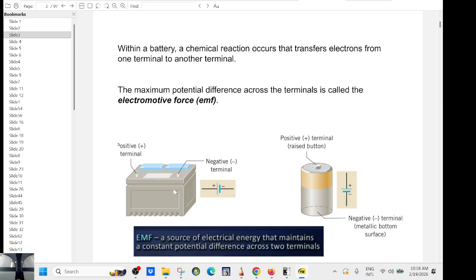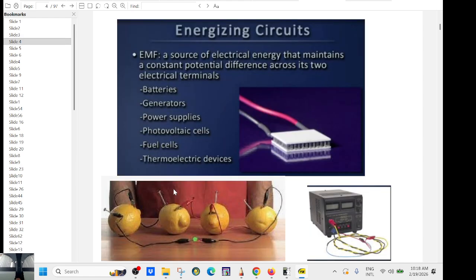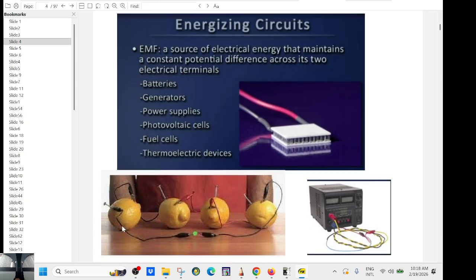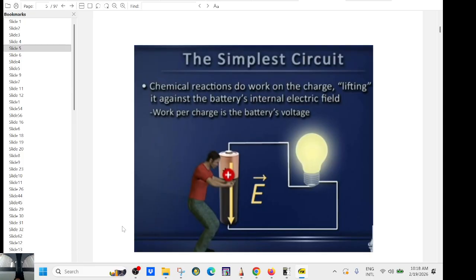So instead of having 12 volts, when you have a load, you're going to have less, say 10. But anyway, we're going to see that. So it's called the EMF. Sources of EMF include batteries, power supplies, solar cells, fuel cells, and a lemon, if you want to make a lemon battery for extra credit.